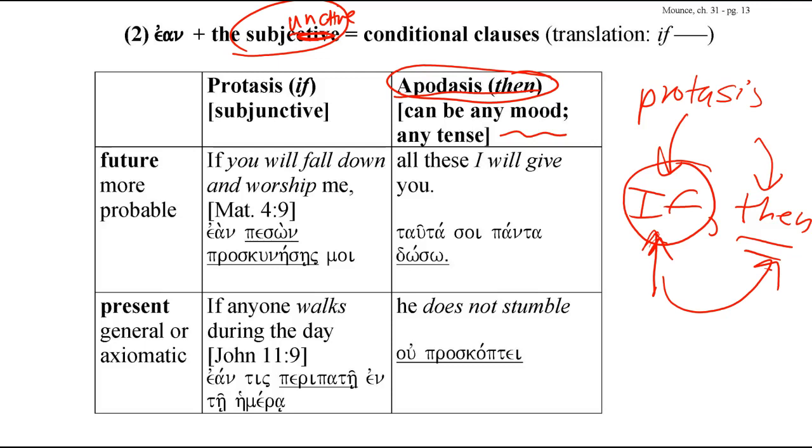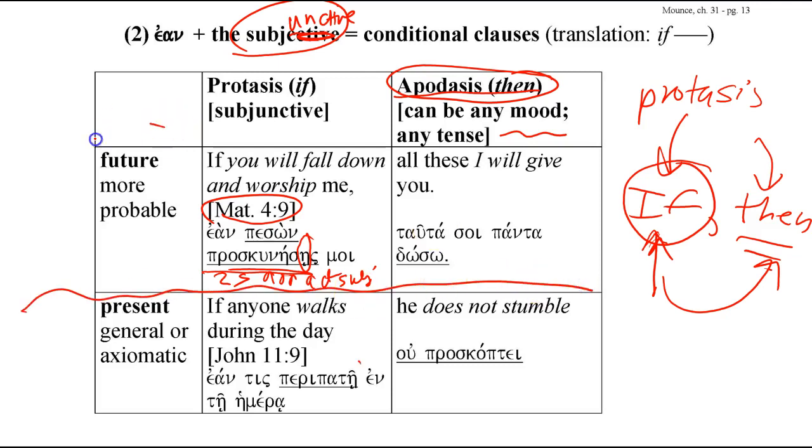So when Satan says in Matthew 4:9, if you fall down and worship me, I will give you these things. The condition to worship me, this ending here tells me that this is an aorist active subjunctive, second person singular. And can Satan give you all these things? There's some doubt placed because the subjunctive mood is being used.